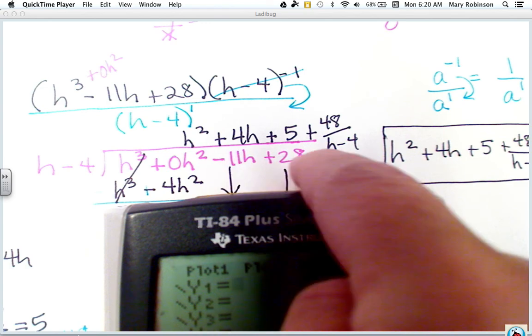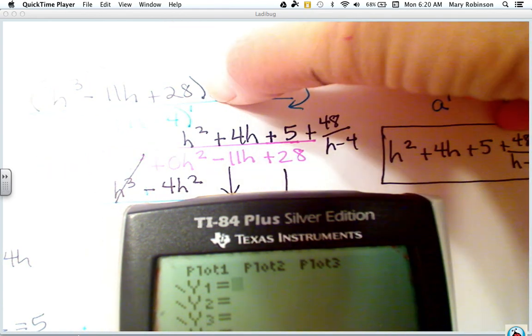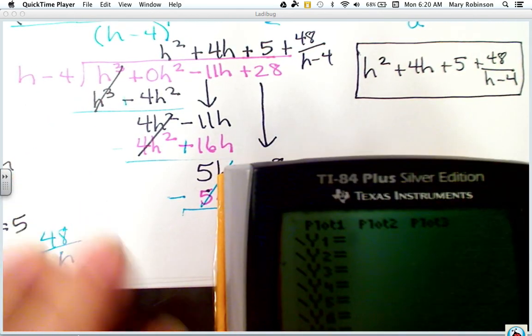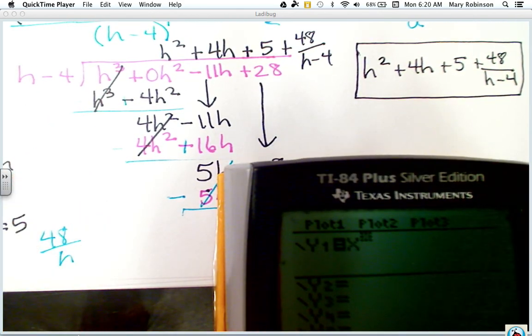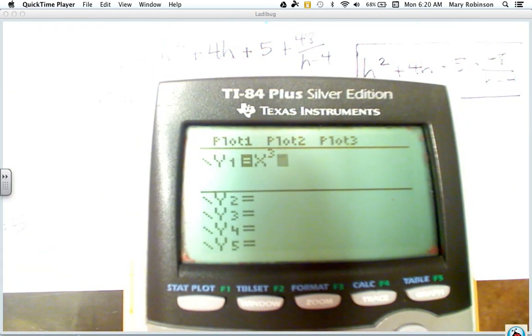That's the part under this divide bar. It's also the numerator of your fraction. So we're going to type in, but of course replacing h with x, x to the third minus 11x plus 28.